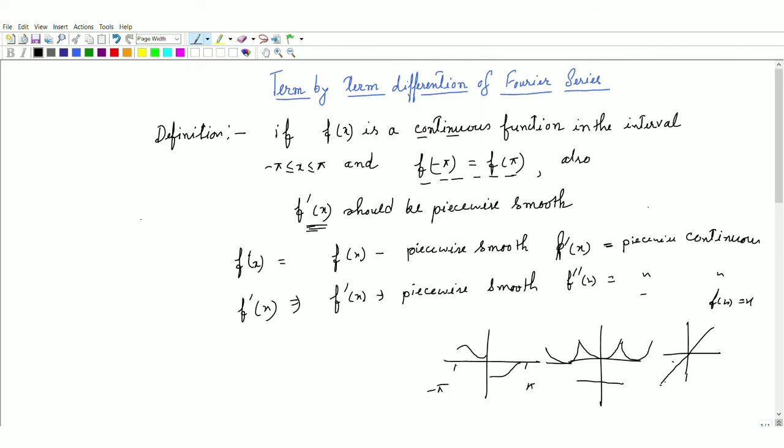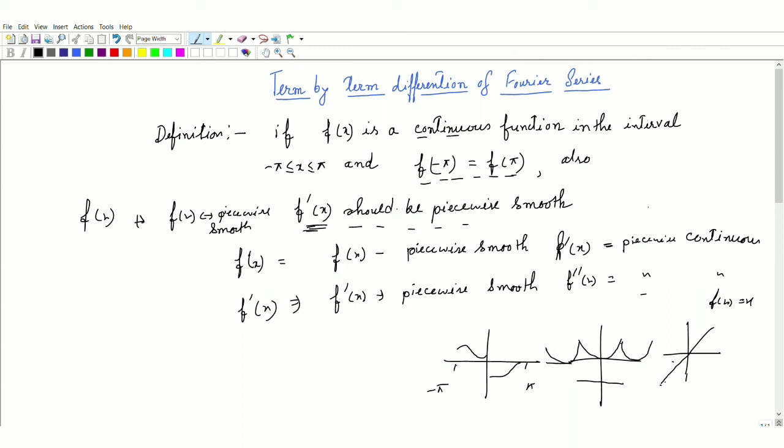When we talk about the Fourier series of f dash x after differentiation, then f dash x should be piecewise smooth. Under these conditions we can do the term by term differentiation of a Fourier series.